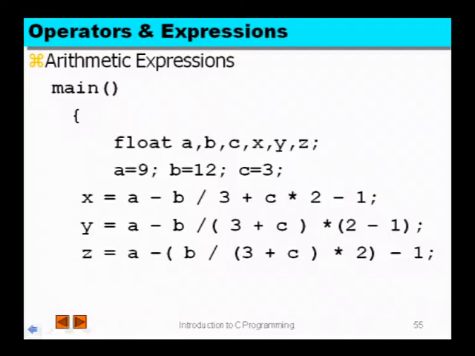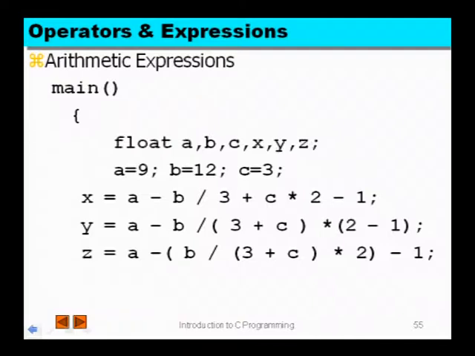Next, one more expression is there, multiplication is there, but multiplication will not be performed first, but 2 minus 1 will be performed. So, 2 minus 1 is 1. 3 plus c is 3 plus 3, so it becomes 6, and 6 into 1 is 6. So, you will have a minus b divided by 6.